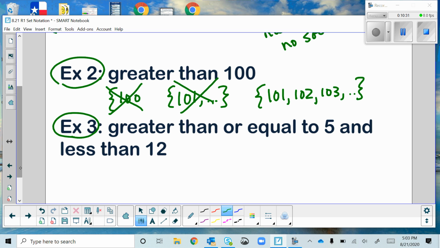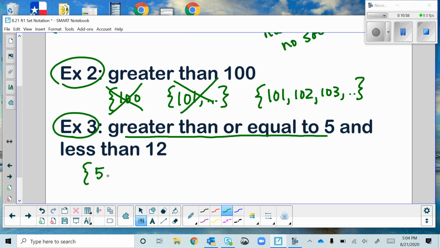All right, on this example, there's a couple things going on. If you were going really fast, you might think 5 is the lower number and 12 is the upper number for your answer. But I want you to be a little more careful when you're reading. The first part says we want the natural number that's greater than or equal to 5. That means it includes 5. So when we start our squiggly wigglies, we can start with 5.